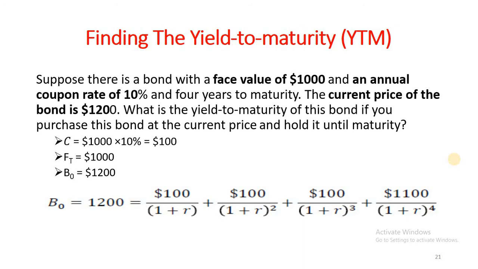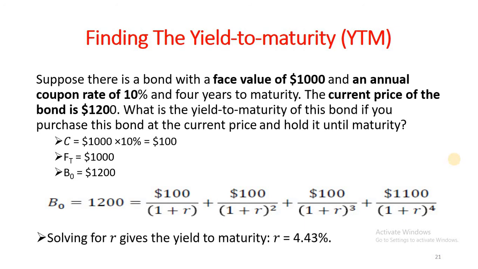So if we can find out the R of this bond, we'll be able to find out the yield to maturity, that means the rate of return of this bond. So if we solve for R, the yield to maturity of this bond is 4.43%. We'll learn more about calculation of yield to maturity and bond valuation in Excel.